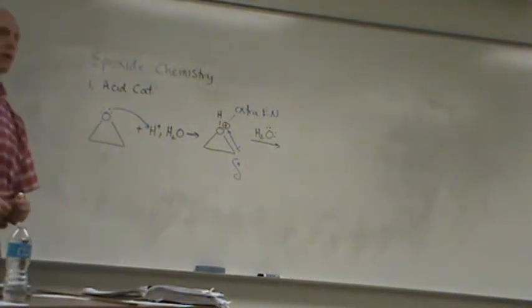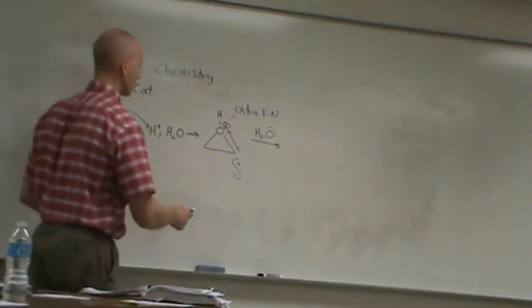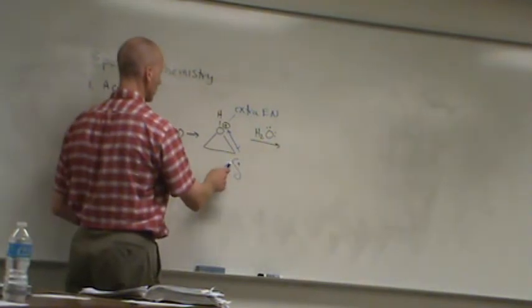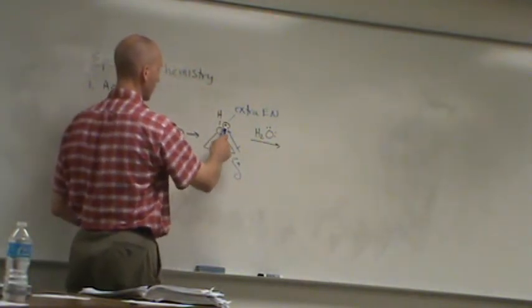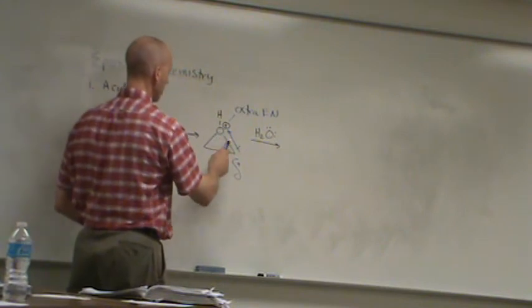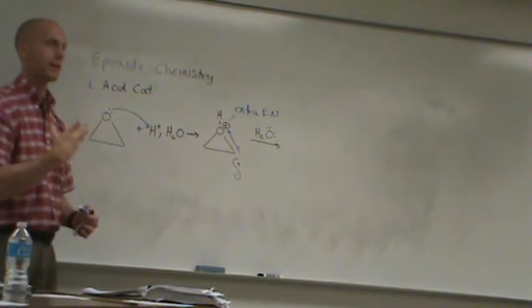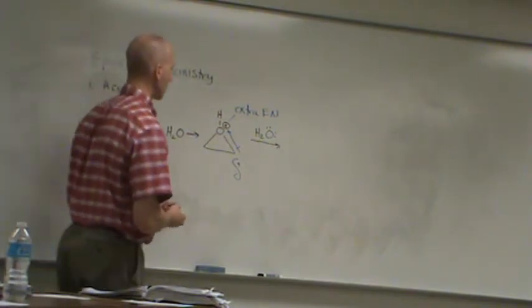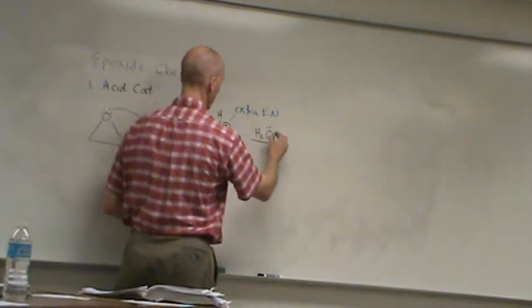And where do you think water wants to react? Okay? You might say the oxygen because it has a positive, but oxygen with a positive is never attacked because it would break its octet rule. Okay? So instead we'll come down here to this delta plus.